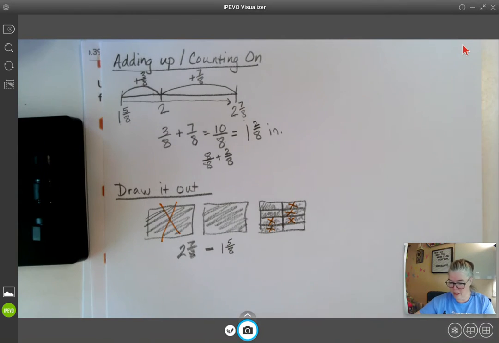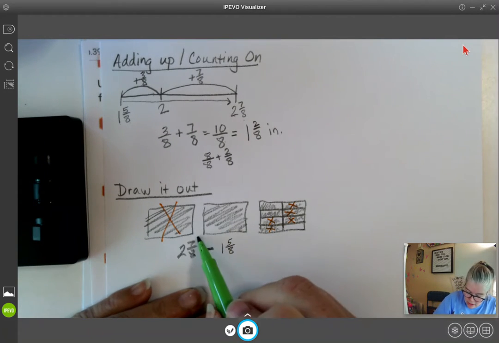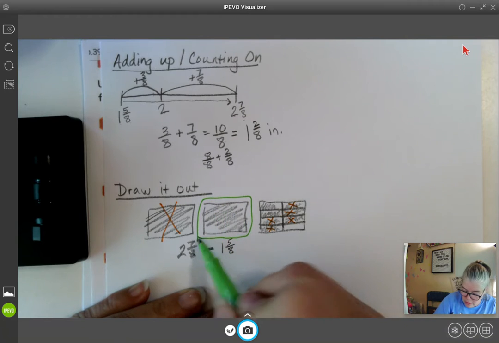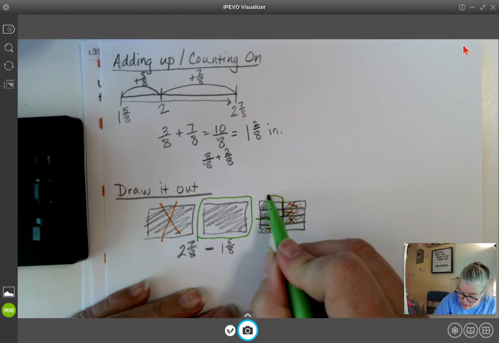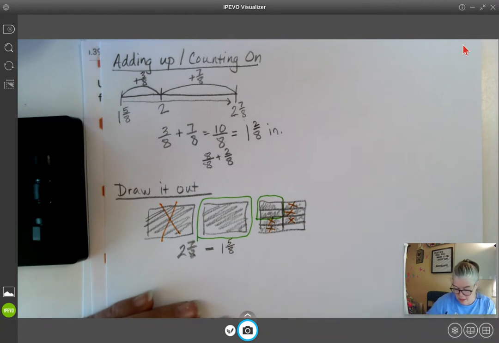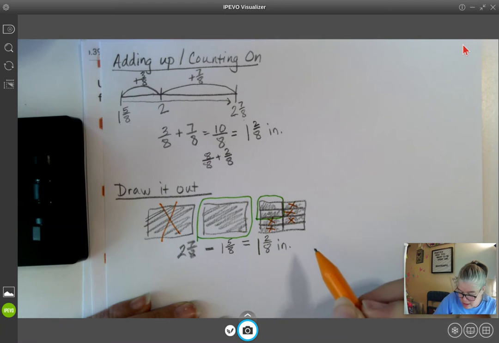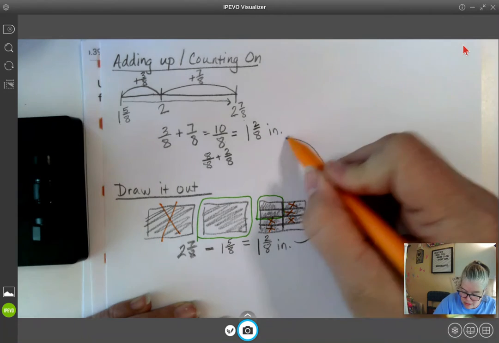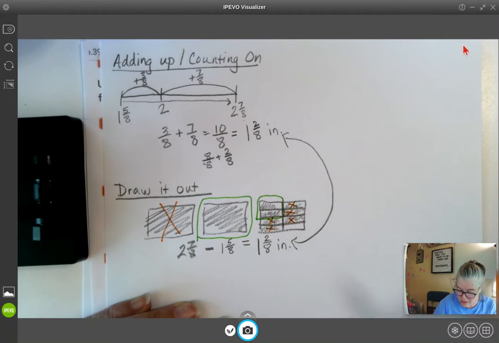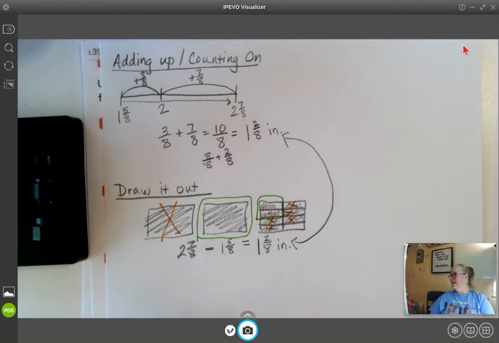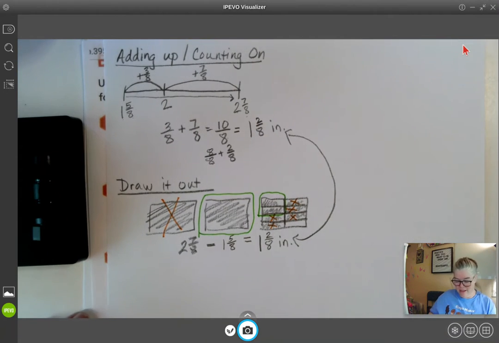Now I just need to count what I have left. And when I look here, I have 1 whole and 2/8 of this one. So my answer here is 1 whole and 2/8 of an inch. Oh, look, I got the same answer twice. Two different strategies, got the same answer. I can be pretty confident that I got the right answer there.